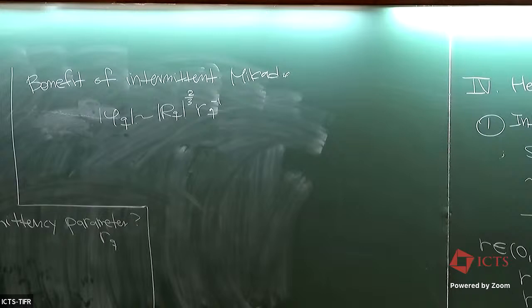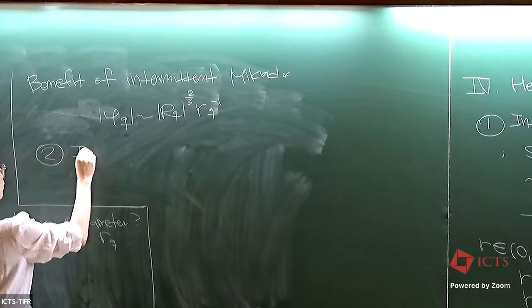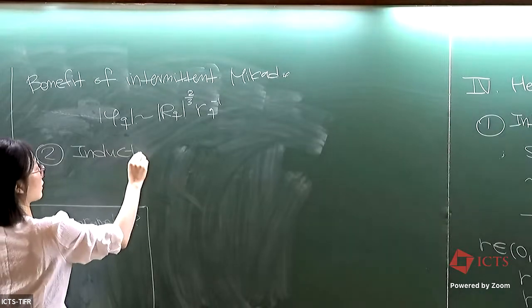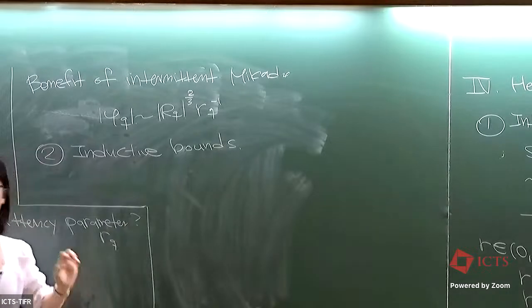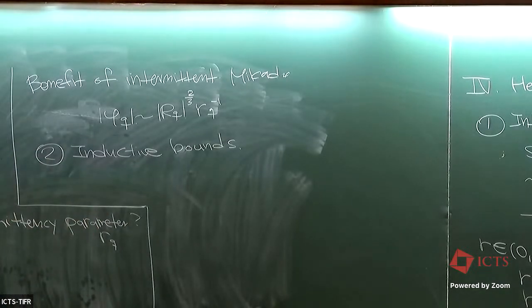But before that, we need to determine what should be the intermittency parameter, and we also talk about what should be the inductive bound. So next I'm going to talk about inductive bounds. Any questions?